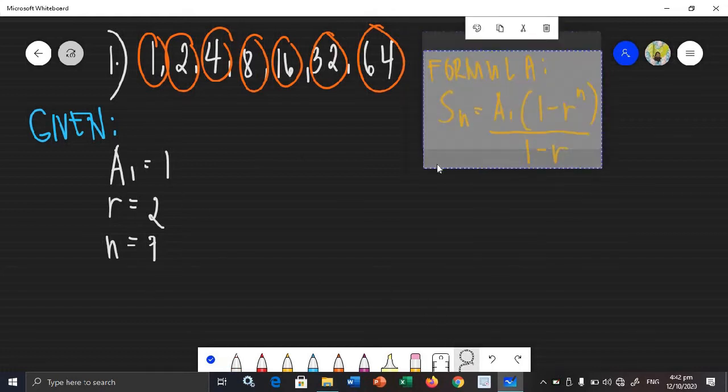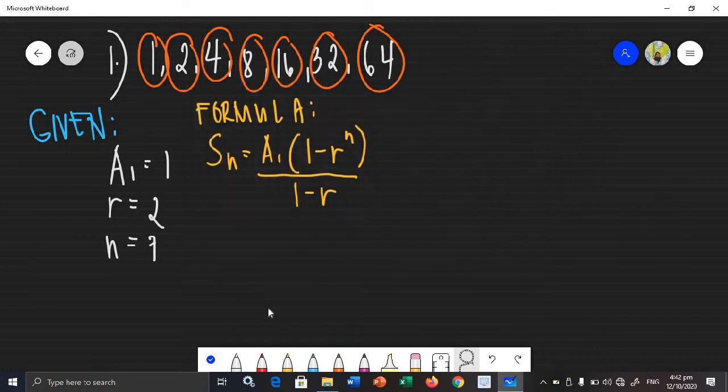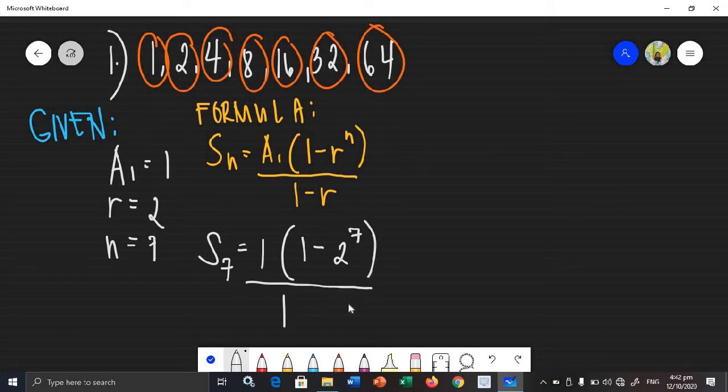S sub 7, your n is 7. Ito yung i-add mong terms. a sub 1 is 1 times the quantity 1 minus your r, which is 2, raised to n, which is 7, all over 1 minus 2.